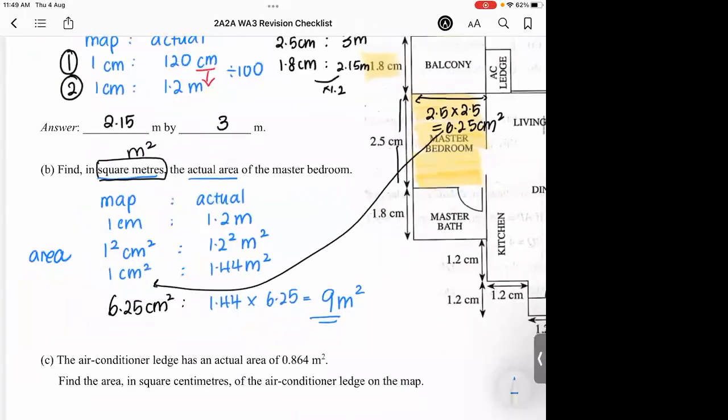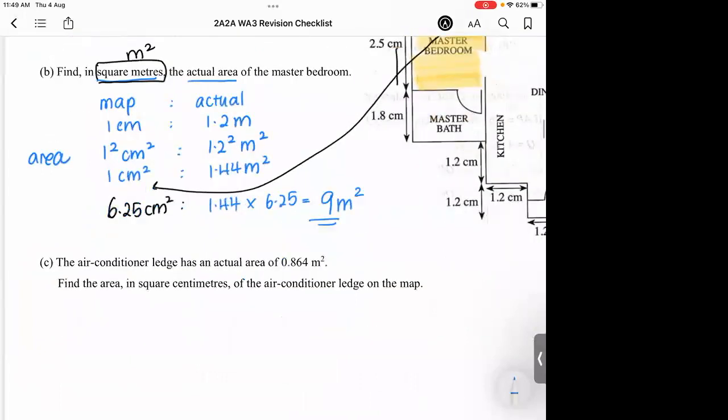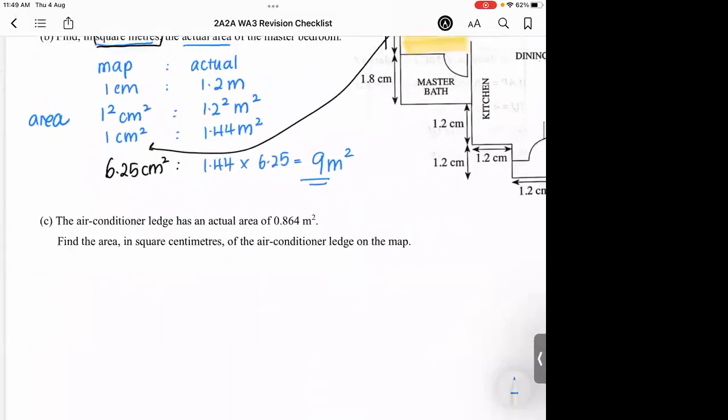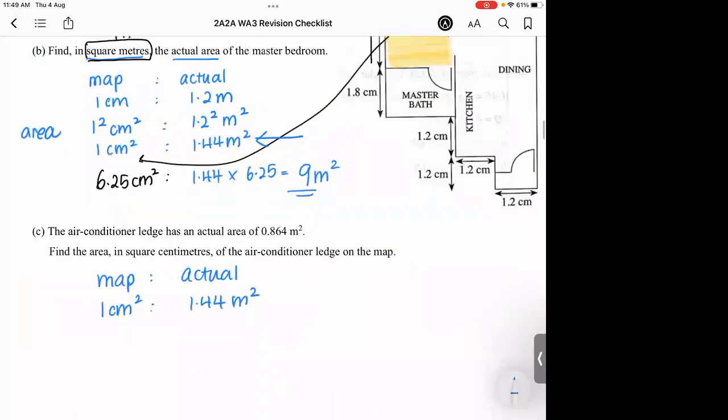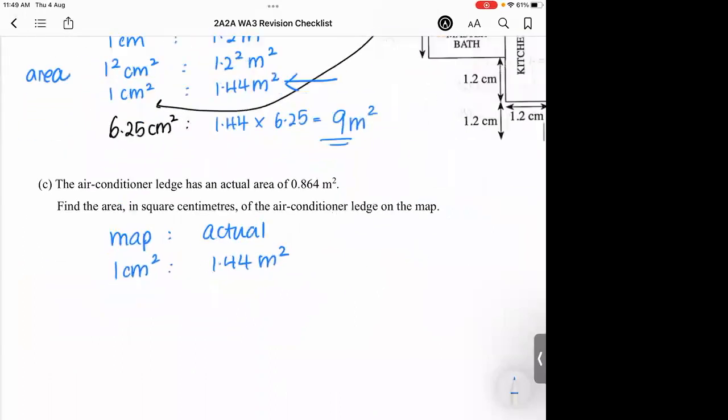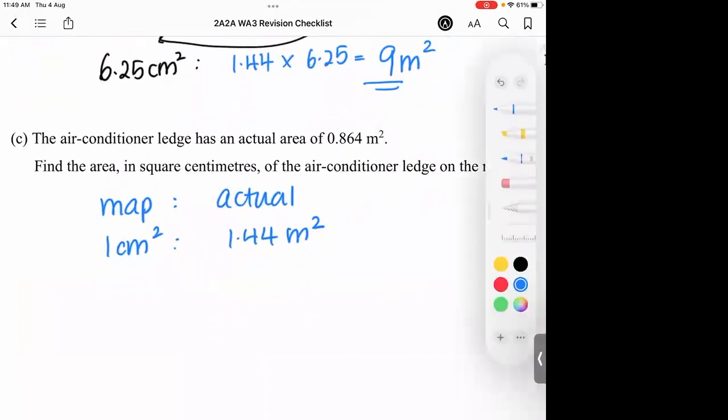Okay. Next one. The question says the air conditioner ledge has an actual area of 0.8, so they want the area scale. So I'm going to use my map is to actual. I'm going to use the one with the area. The one with the area is this one over here: 1 cm square is to 1.44 meters square. Now they give me this number 0.864.